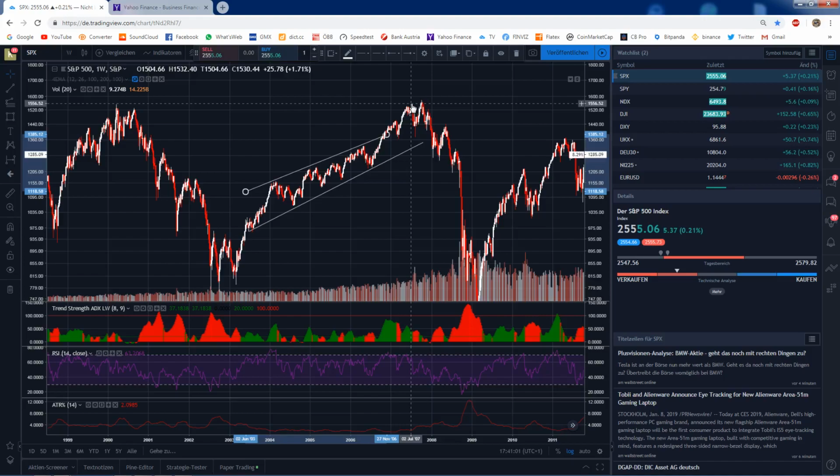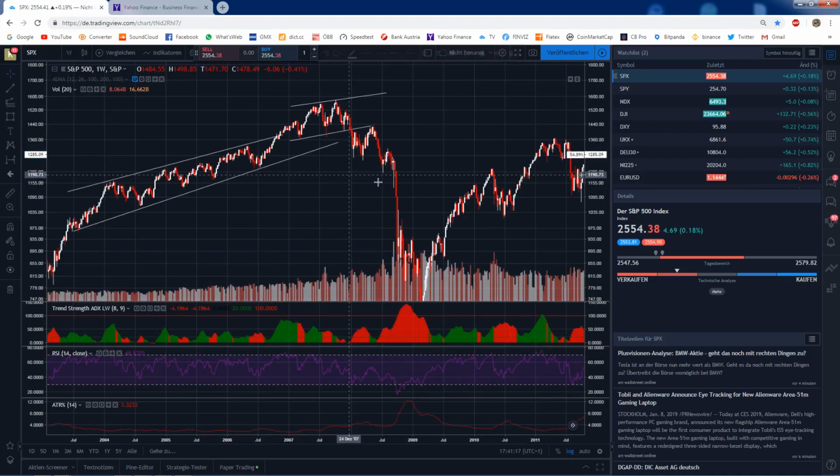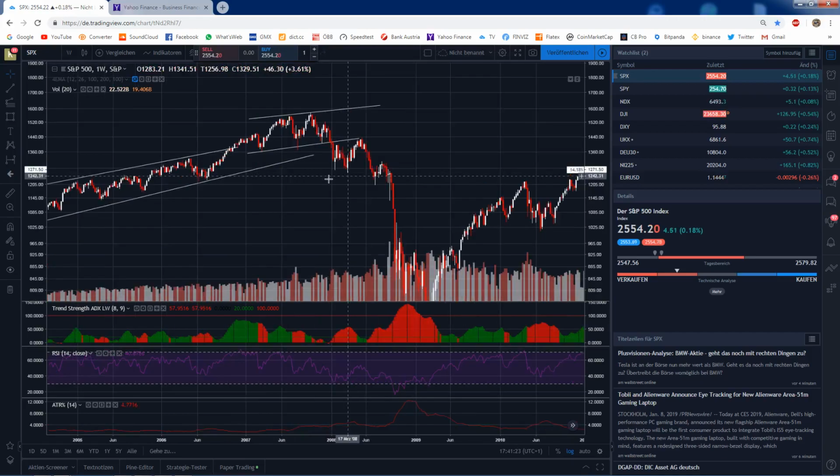And on the bottom we have 3 touches, like 1, 2, 3. You can draw this like this. And on the 4th touch, which was here, it broke. It went down, consolidated, almost retested it, went down again, and formed a little reversal flag right here on the bottom.